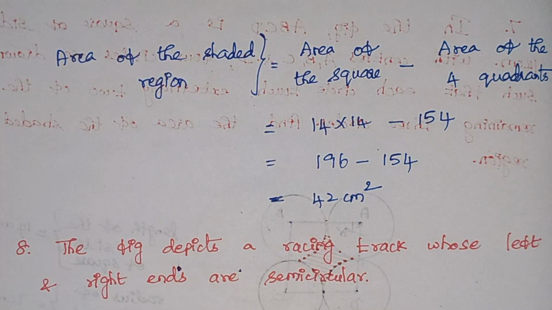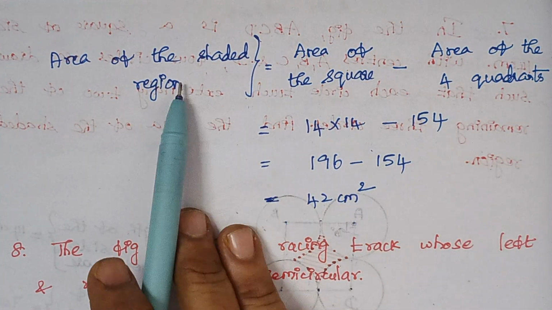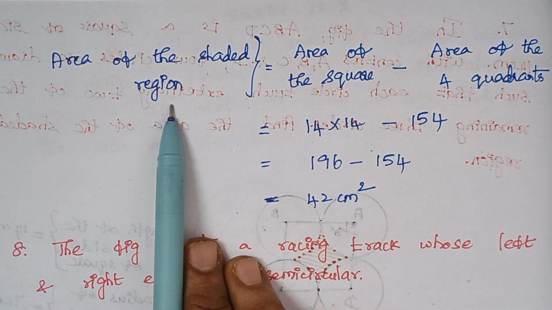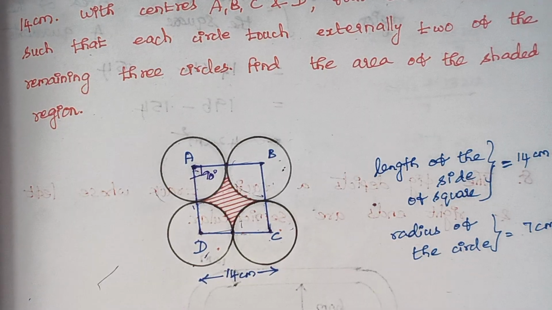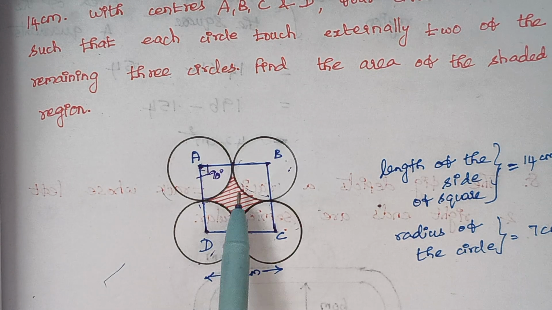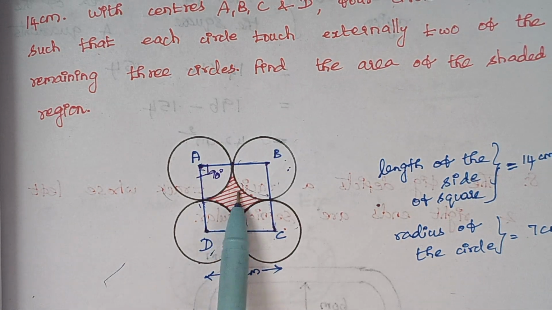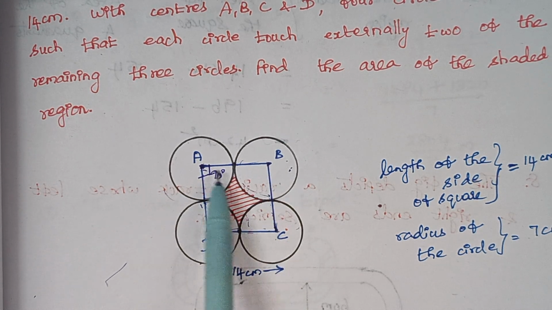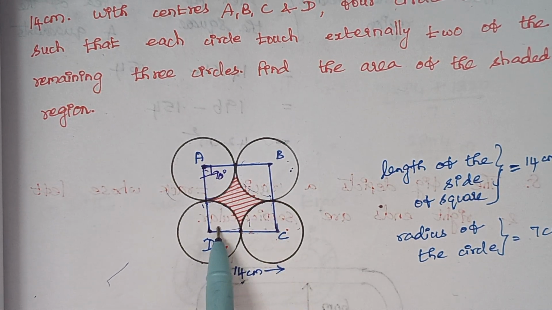So the area of the shadowed region. When you look back at the problem, we have to find the area of this shaded region. This is a square, and we know the area of these four sectors.